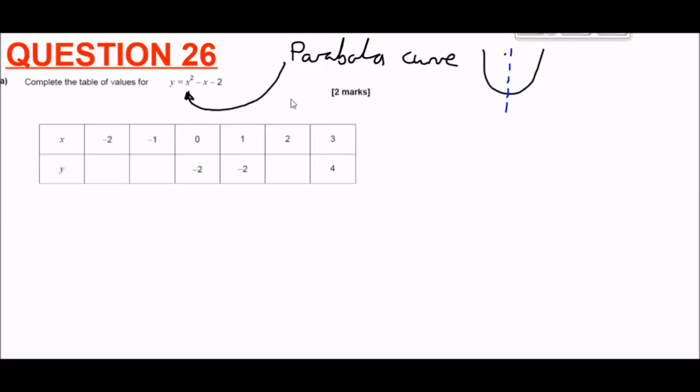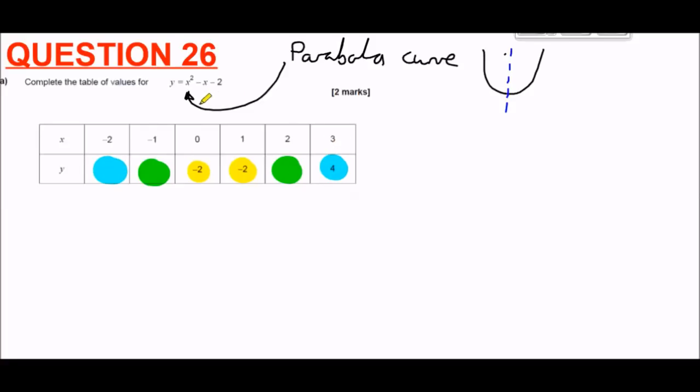What we've got here is two y values that repeat already: -2 and -2 repeat. So either side, going away from this place where they've repeated, there'll be a pattern here. These two will be the same, and also these two will be the same.